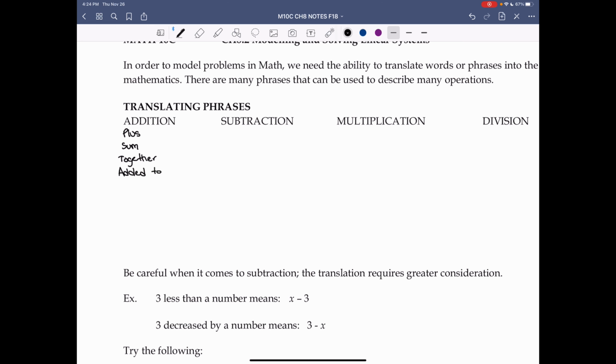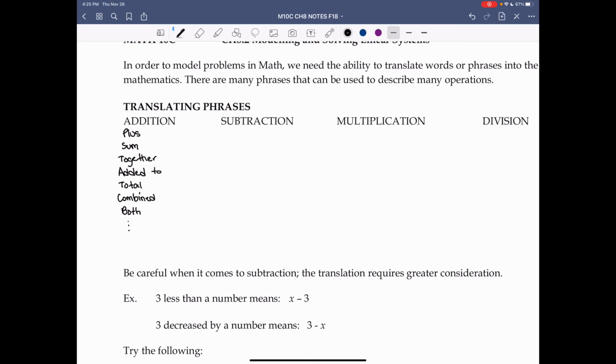Or add or added. Total. Combined is another one. Both, if you're talking about two numbers, and etc. I'm sure there's many more. You might be able to come up with a few.